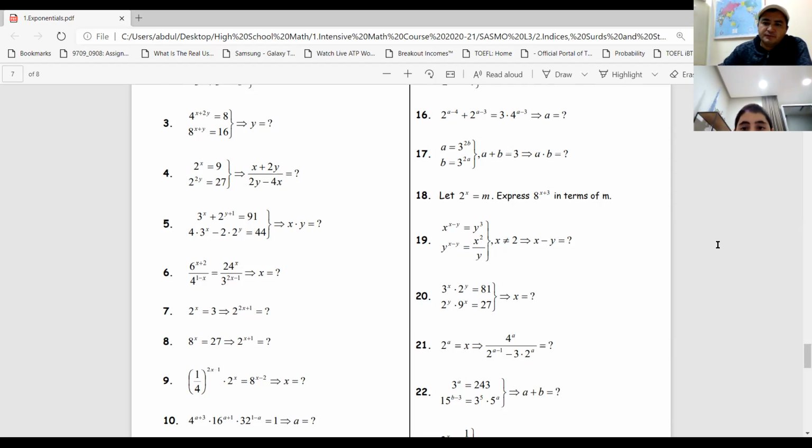So if a plus b is given, Ibrahim, you see here, if you multiply side by side, what we have here, a times b is equal to 3 to the power of 2b plus 2a, which is 2 times a plus b. And we know a plus b is equal to 3. So here we have 3 to the power of 6.